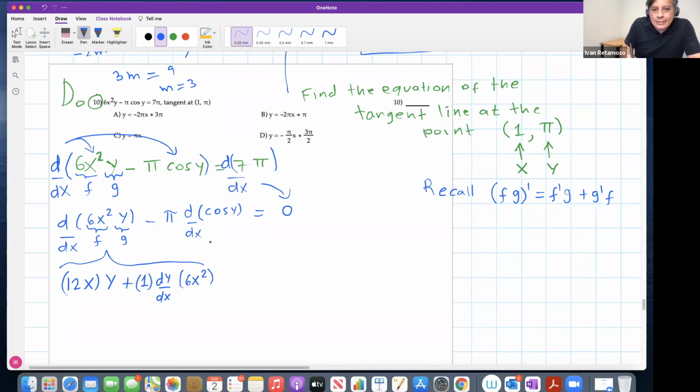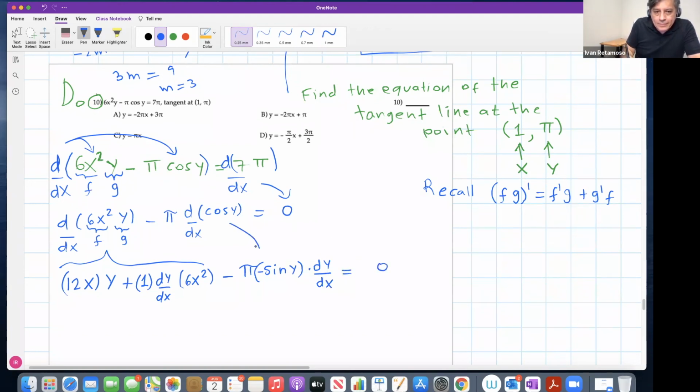Now, what is this? Well, this is minus pi derivative of cosine of y. Derivative of cosine is sine, but negative, right? Negative sine. So let's write it this way, negative sine of y. But since I'm dealing with an expression in terms of y, I have to attach that dy dx. And this is just 0.